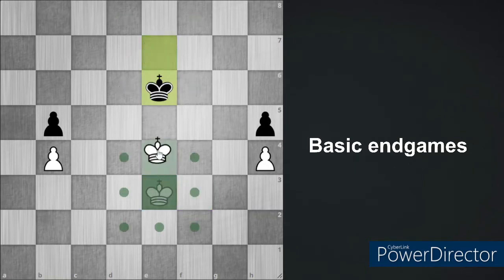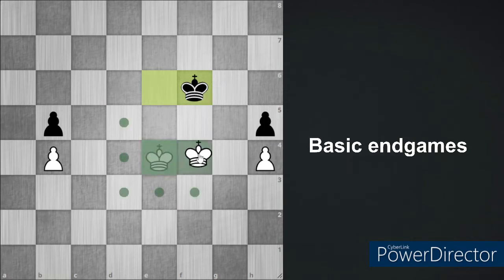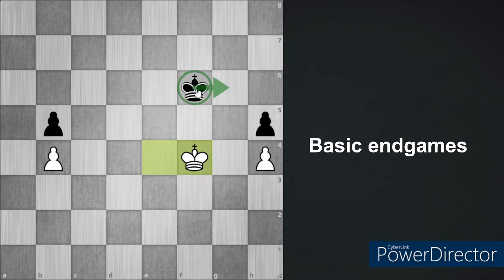Now king e6 and now king e4, and now black has to give way to this white king. For example, black tries to go king f6, and now white goes over here to king f4, and now black has to give way, whether he plays g6 or e6.